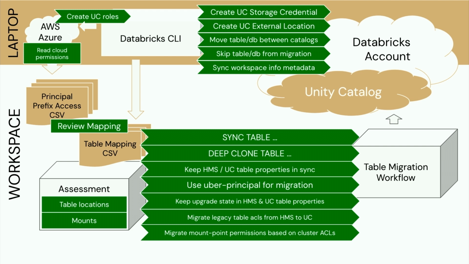And then we are asking the user the following question. Here is the CSV file for all of the tables that we've detected in your workspace. Please take that CSV file, upload it to Excel or Google Sheets, and spend the day figuring out whether this is going to be your destination Unity Catalog schema or not.